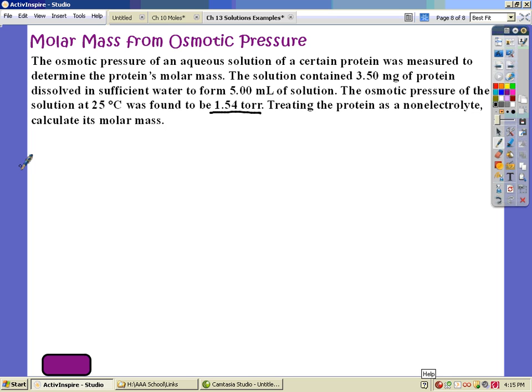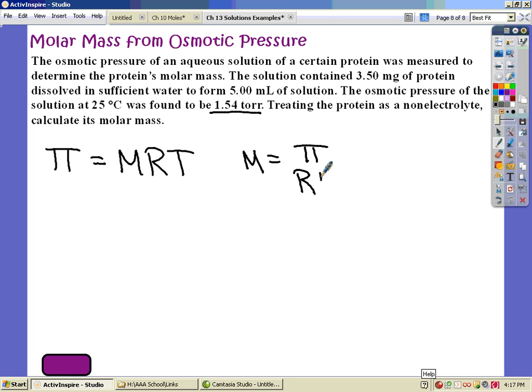Our formula for this that we're going to use is pi, which is the osmotic pressure, is equal to MRT. So I have my R, which is a constant. I have my temperature, which is going to be in kelvins, and I have my osmotic pressure. The only thing I don't have is my molarity. So I'm going to solve this for molarity. So molarity is going to be equal to pi over RT.